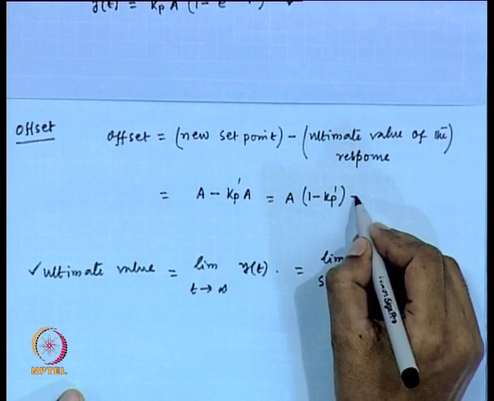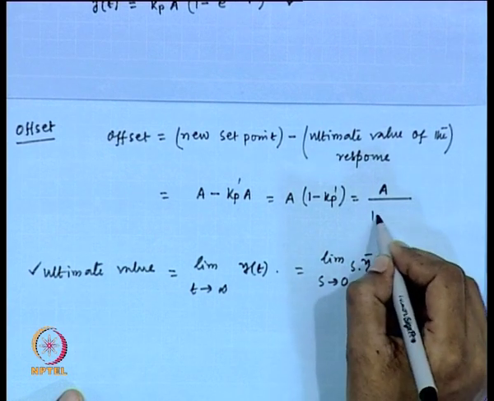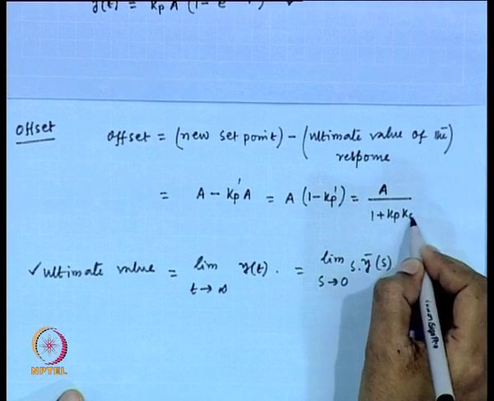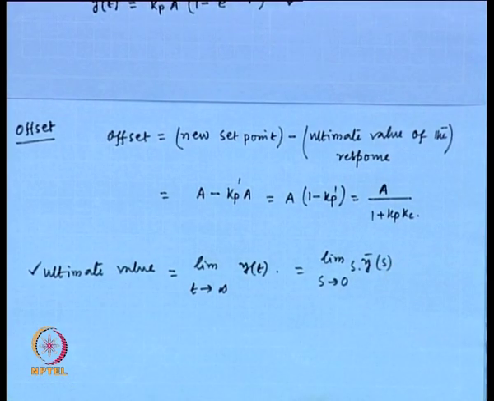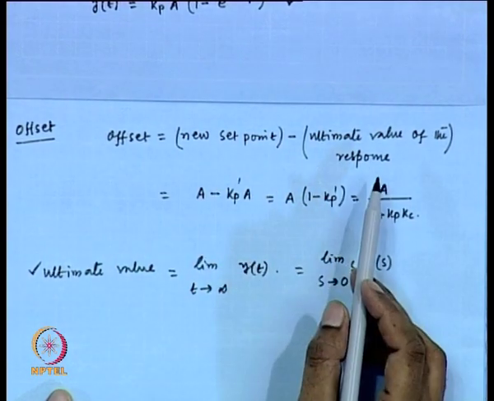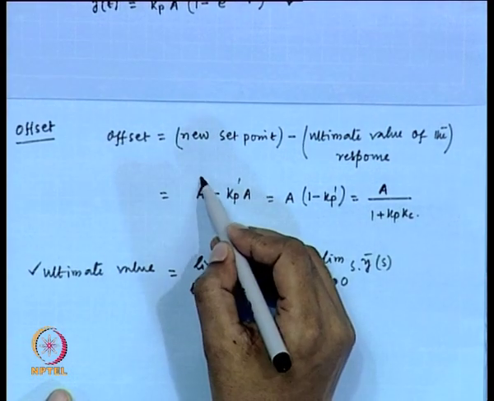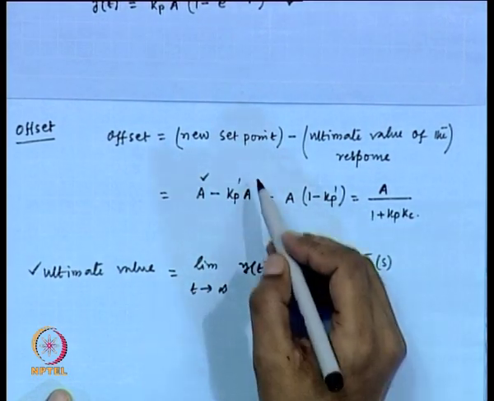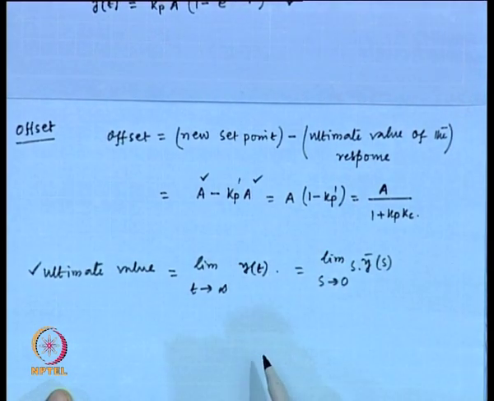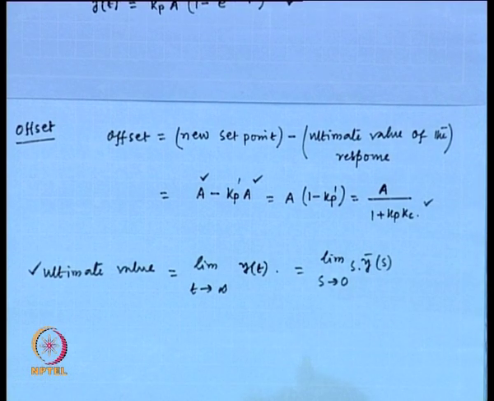Substituting the expression of Kp prime, finally we get A divided by 1 plus Kp Kc. Offset is calculated as new set point minus ultimate value. Here set point is A, ultimate value is Kp prime A. Substituting the expression of Kp prime, finally we get the offset equals A divided by 1 plus Kp Kc.